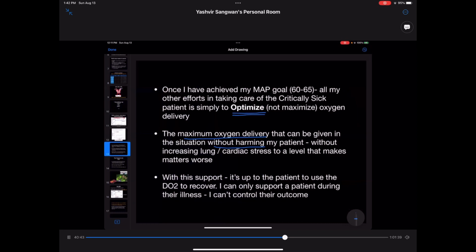That is because when you start thinking delivery of oxygen, you realize that making the CO2 and the oxygen normal by absolutely messing up the lung pressures or stressing the heart to do things it can't, all of those things actually harm.